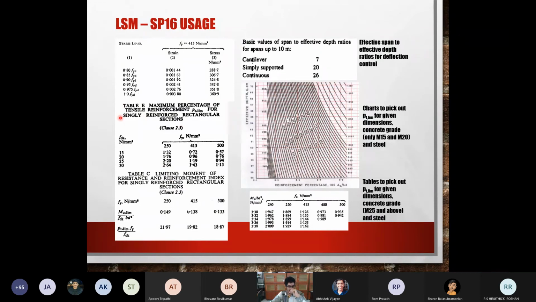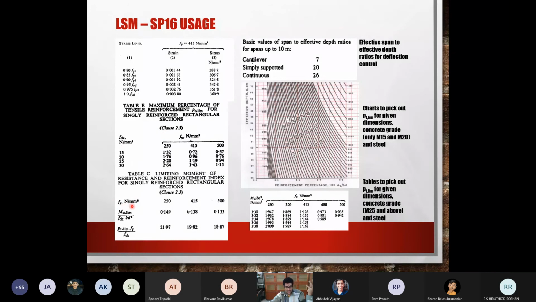You have used it for your stress iteration process. And similarly, you have over here the maximum percentage of tensile steel, pt limit, for singly reinforced rectangular sections. If you want to check whether your pt is lesser than the pt limit, you can use this table, depending on the fck and depending on the grade of steel.